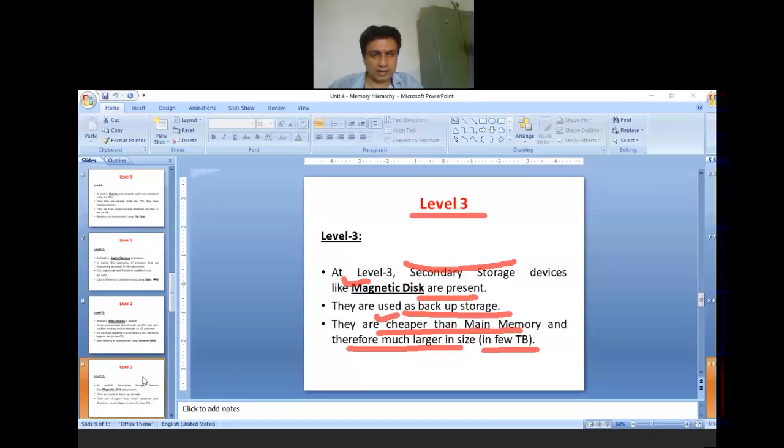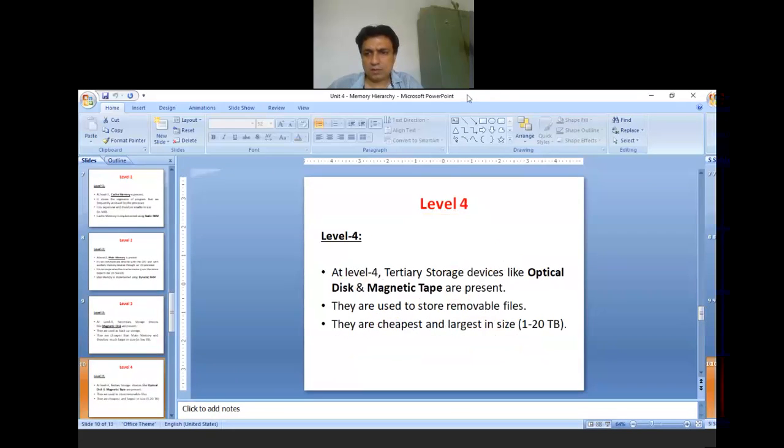Now moving to the next slide, level 4. At level 4, tertiary storage devices like optical disc and magnetic tape are present. They are used to store removable files, which are of very large sizes.